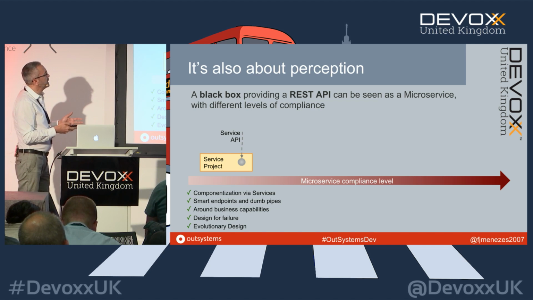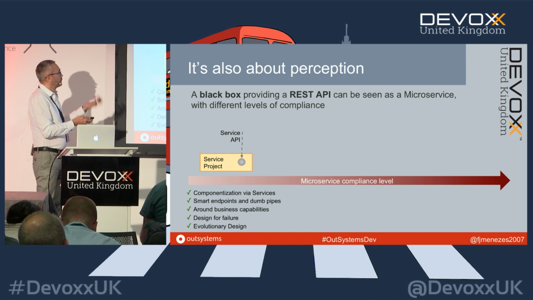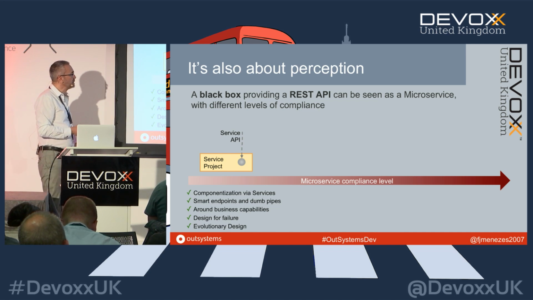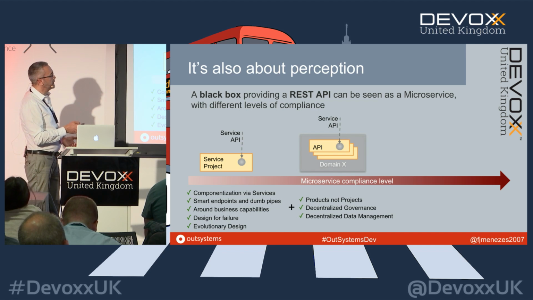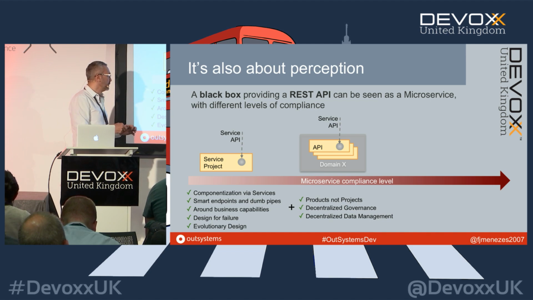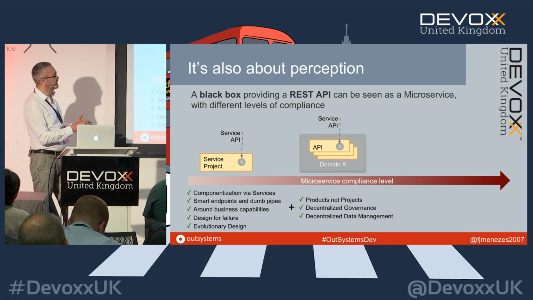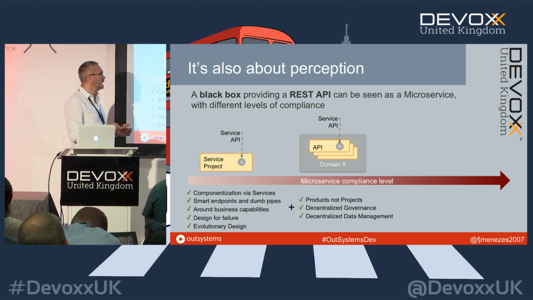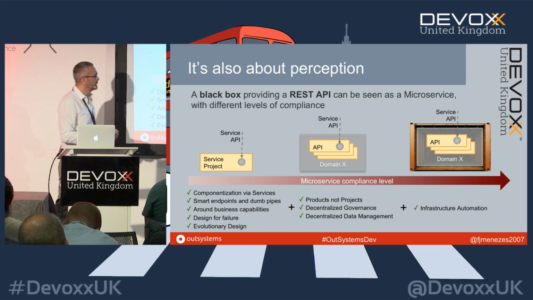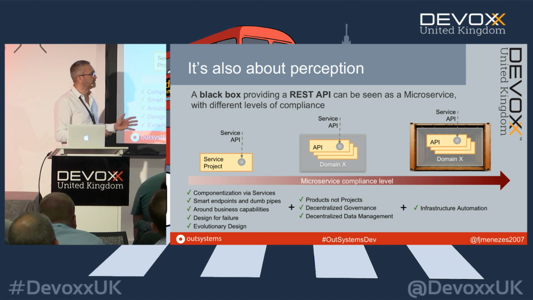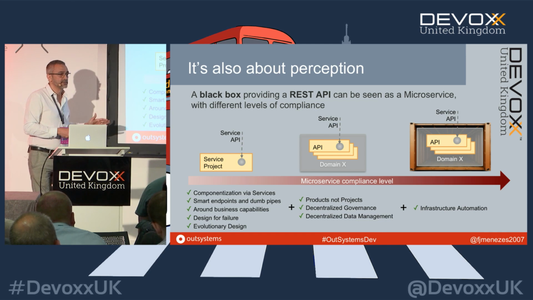Either you simply have a service project that provides a service API and you comply with the basic principles, or you adopt a domain structure, which means that you're adding the product, not project, because now I have here a team that is giving me a product. It has decentralized governance and decentralized data management. And you can even go further and do some infrastructure automation with containers and so on and so forth. And you can follow all the principles, right?